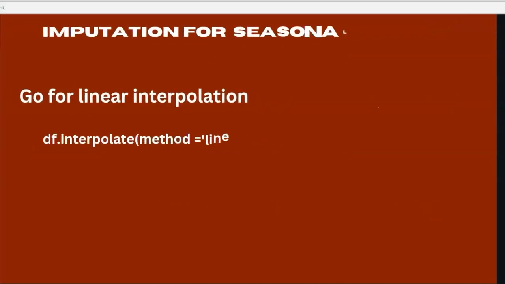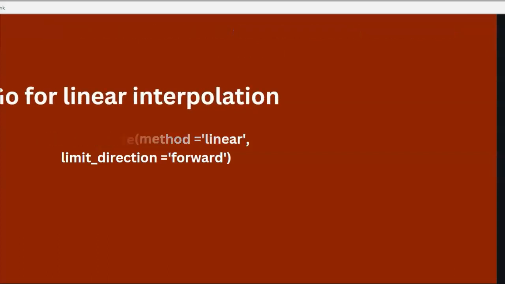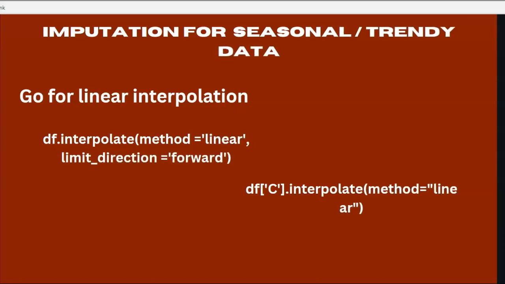So that was all about non-seasonal and non-trendy. But if you have seasonal and trendy data, then we'll go for the linear interpolation. And the syntax for this linear interpolation is: df interpolate method linear limit direction forward. You could also do backward or forward.